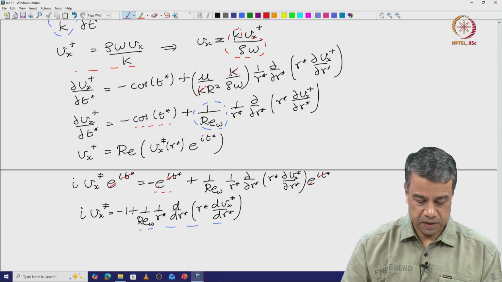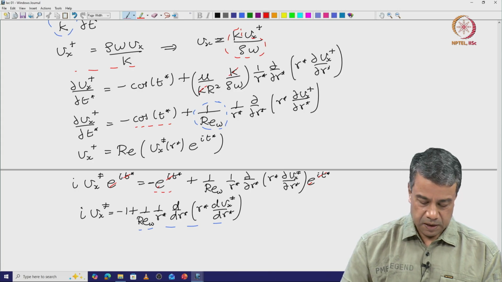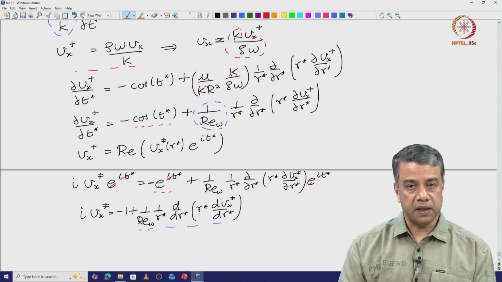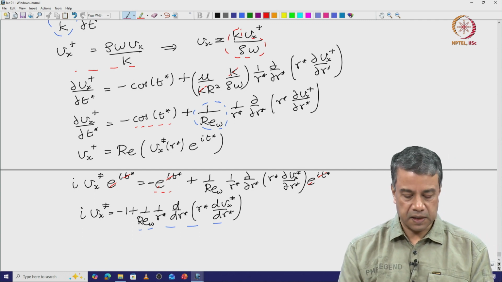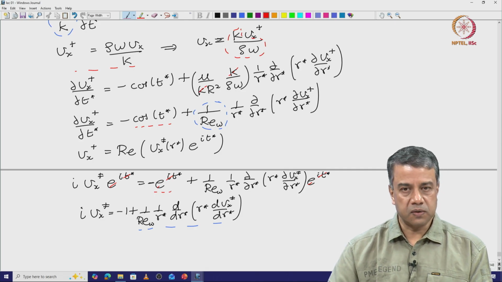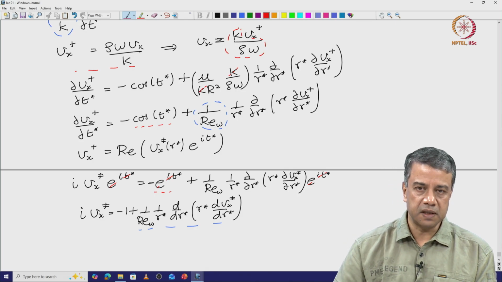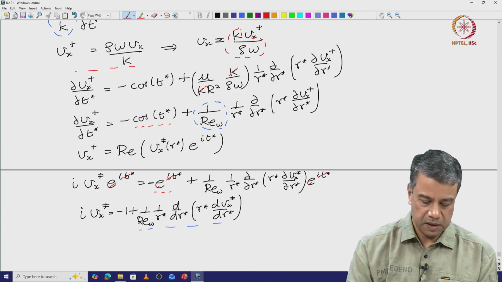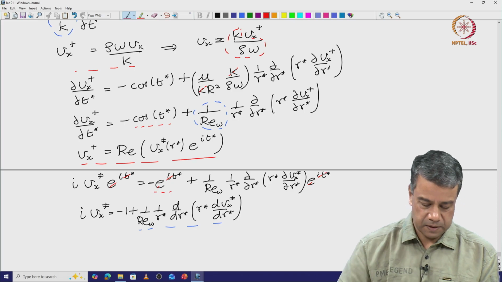Substituted that into the equation. And divided throughout by e power i t star. Okay, and then I get an ordinary differential equation for this Vx double dagger. So, to get the actual velocity, I have to multiply Vx double dagger by e power i t and then take the real part as indicated here.